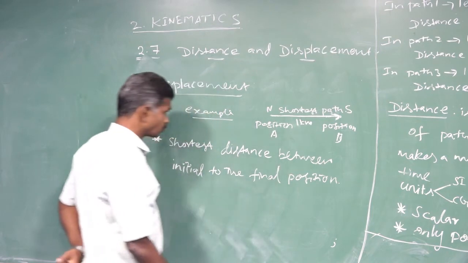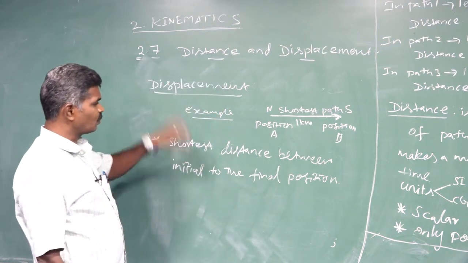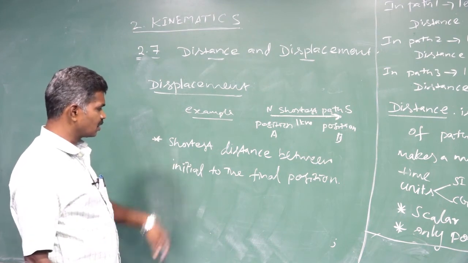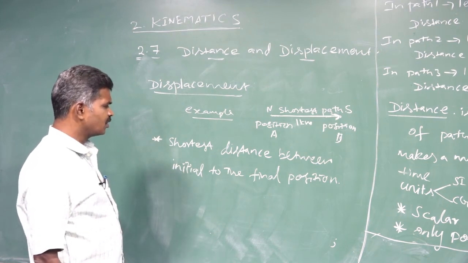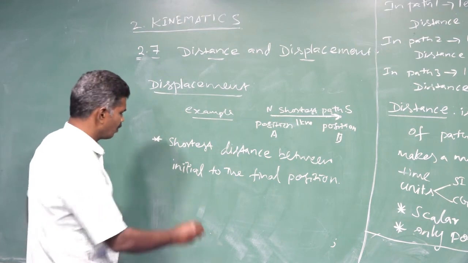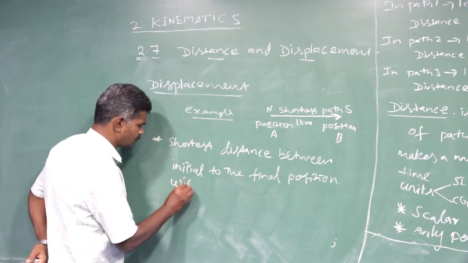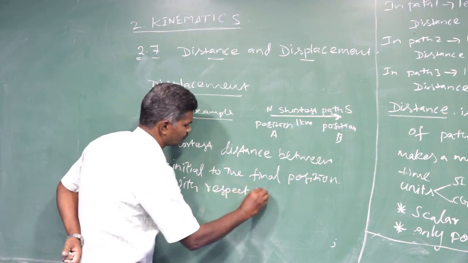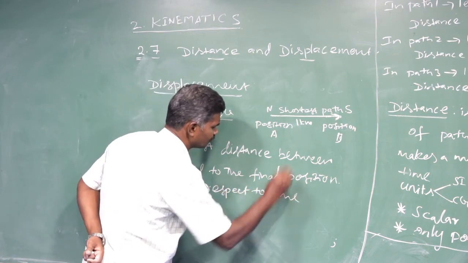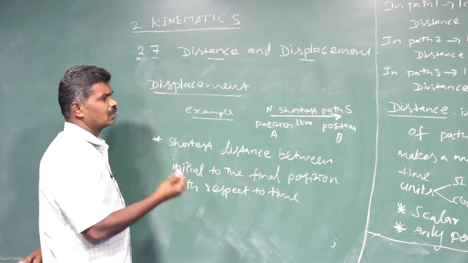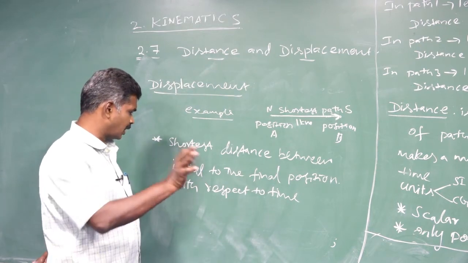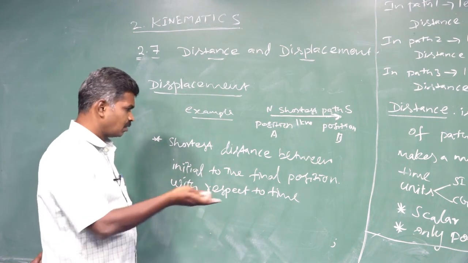That's why this displacement quantity may be defined as the shortest distance between the initial and the final position with respect to time. When a distance or displacement takes place, we see it with respect to time. Then only do we have a motion.